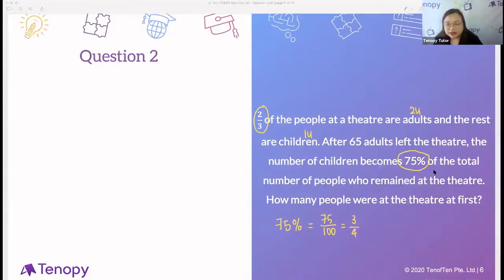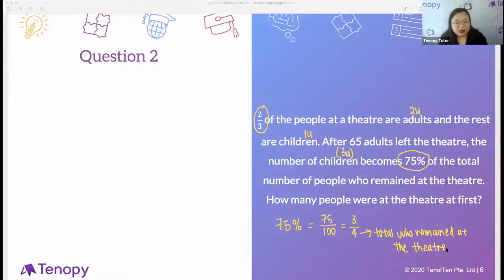So 3/4 means children is now 3 units. And the people, yes. Now, when we say people, we refer to this as your total who remain. Okay, not total number of people at first, but people who remained at the theater. Okay, very good point.